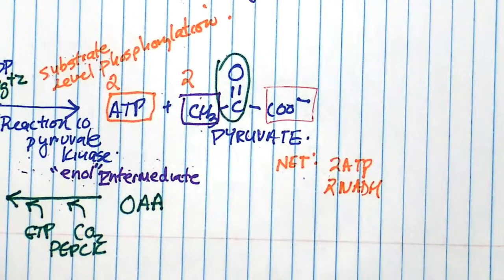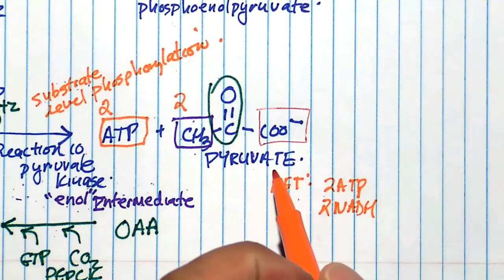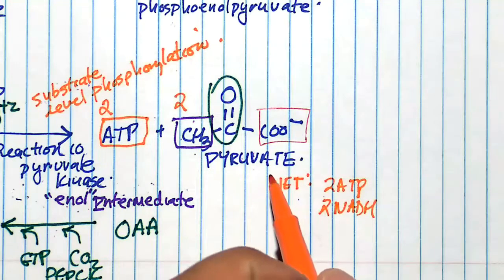Another important point before we conclude: now that we went over glycolysis step by step, molecule by molecule, it's extremely powerful what we went through together. The next thing is, what does the cell do with this pyruvate? That is a very important question to ask.